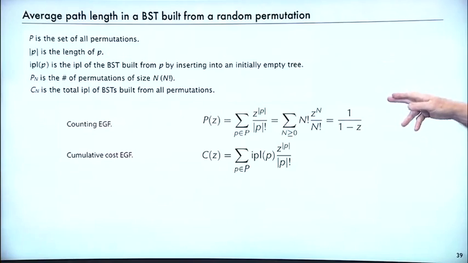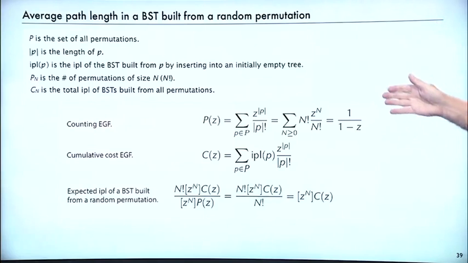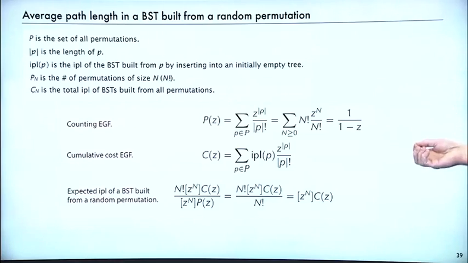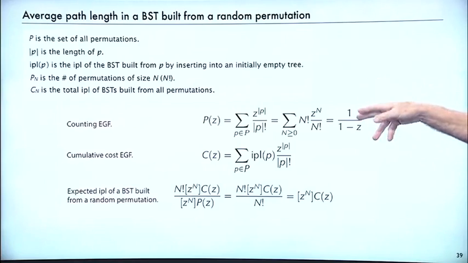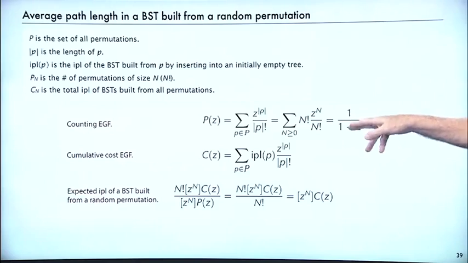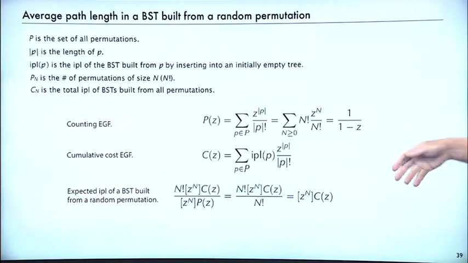Our cumulative cost EGF is the same symbols as before, except now we have permutations, not trees, and IPL has that different meaning. And so to get the expected internal path length of a binary search tree built from a random permutation, we're going to take n factorial times the coefficient of z to the n in that, divided by n factorial, and those n factorials cancel out.